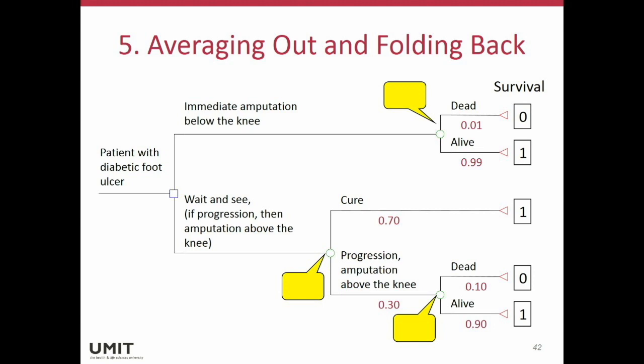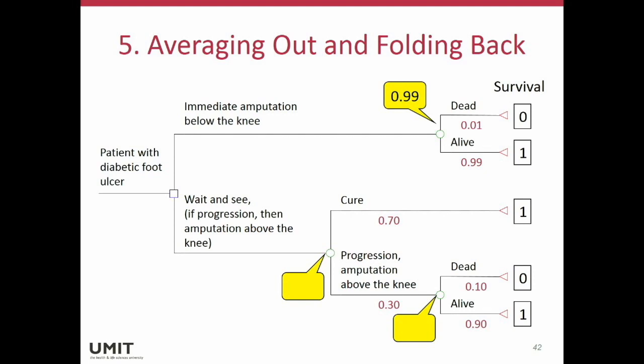So 0.01 times 0. That gives me the reward from that part of the branch, which is 0, plus, and then I add the 99% times 1, so 0.99 times 1. And that's a weighted average of zeros and ones. The weights are the probabilities.